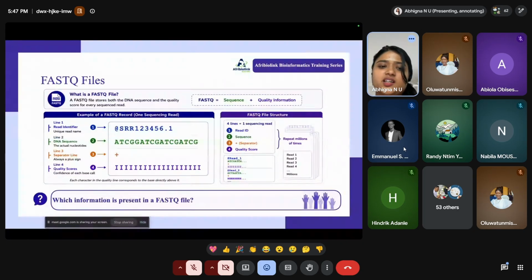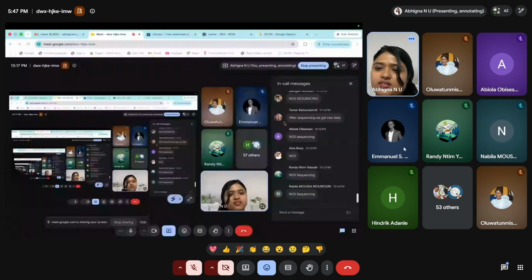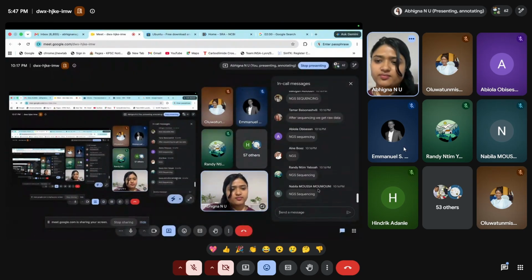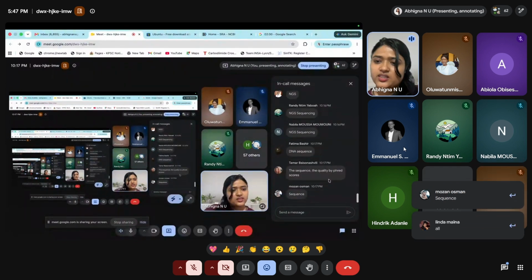So we have the answer in the slide. Which information is present in the FASTQ file? Answers from the audience, please. DNA sequence, yes.